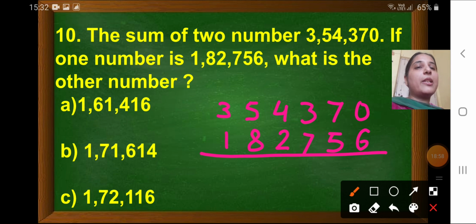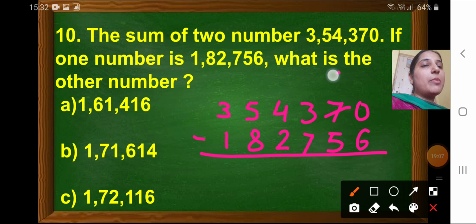So let's get their difference. So 0 minus 6, that is not possible. It means we have to borrow. So when we will borrow, 6 will be left here, and there now we have 10. So 10 minus 6, 4.